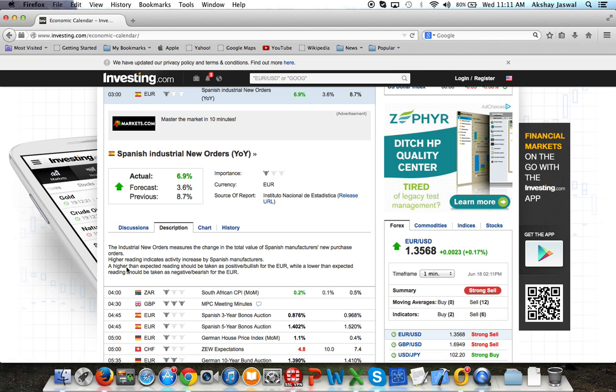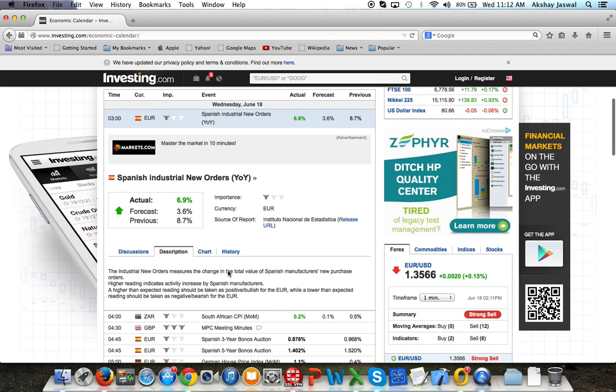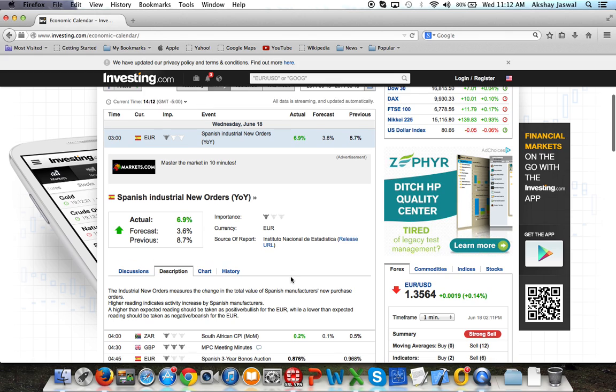So a higher than expected reading should be taken as positive or bullish for the euro currency, while a lower than expected reading should be taken as negative or bearish for the euro currency. Since this is a positive, it should be taken as bullish for the euro currency.